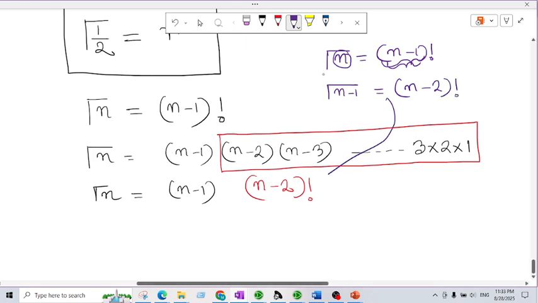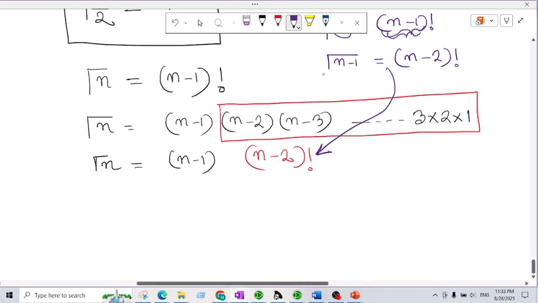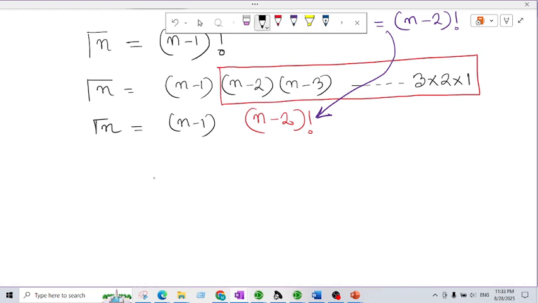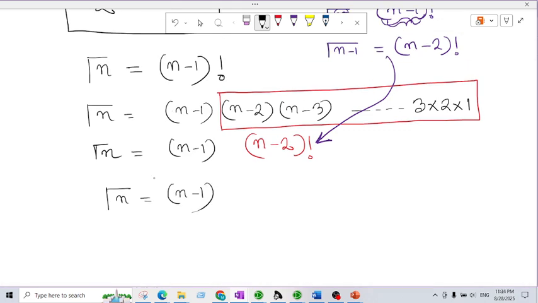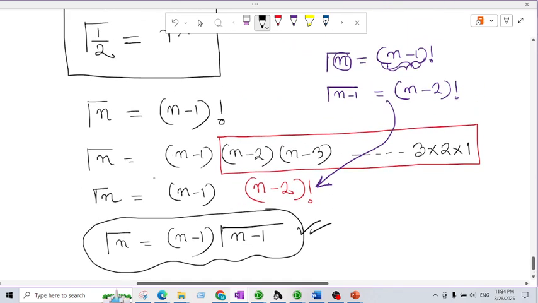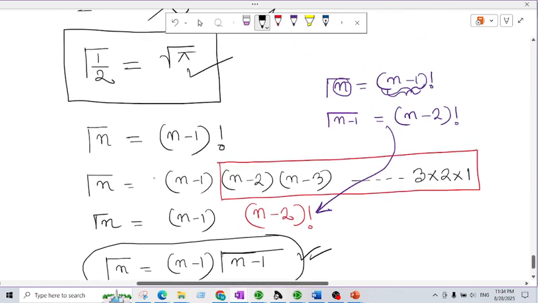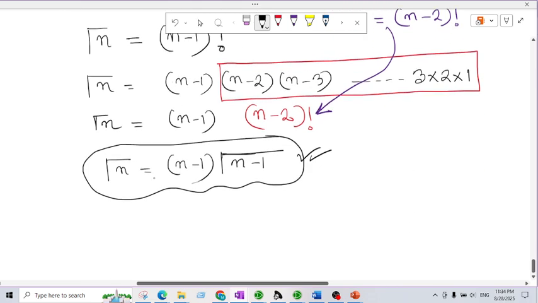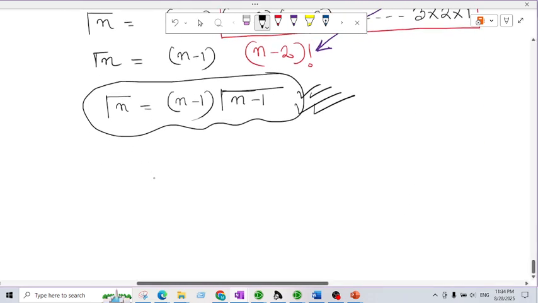So let's plug this value here, and we get another formula, and that is gamma n is equal to n minus 1 times gamma n minus 1. By using this formula we can find the values of different gammas. So we have two formulas here: gamma half is equal to root over pi, and we have derived another formula.